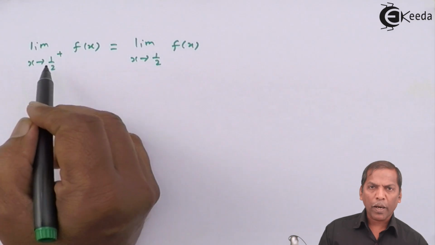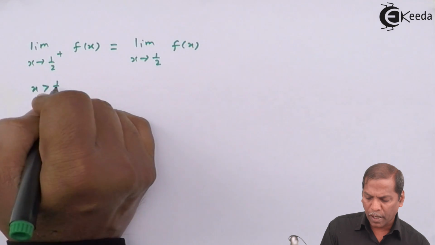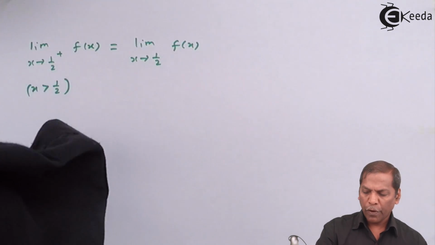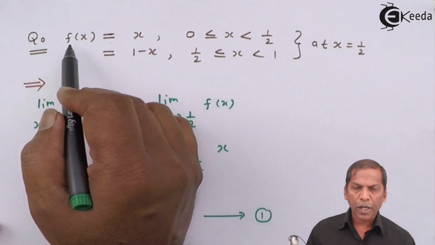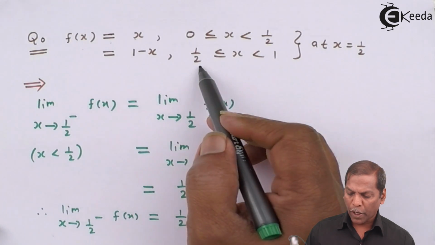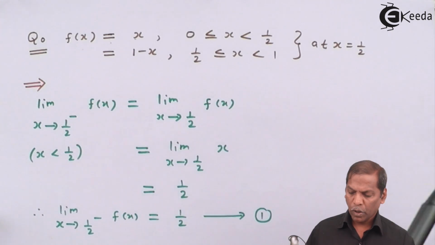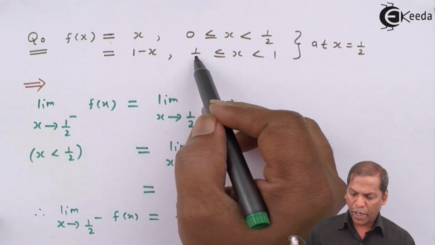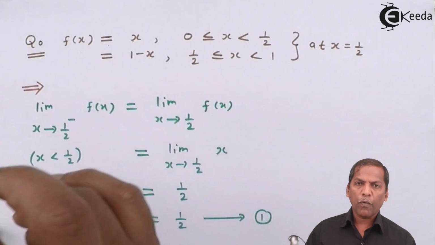Secondly, x tends to 1 by 2 plus means x should be greater than 1 by 2. Now if we observe the question, we have f of x is equal to 1 minus x provided 1 by 2 less than or equal to x less than or equal to 1. It means for x greater than 1 by 2, we must have f of x is equal to 1 minus x.